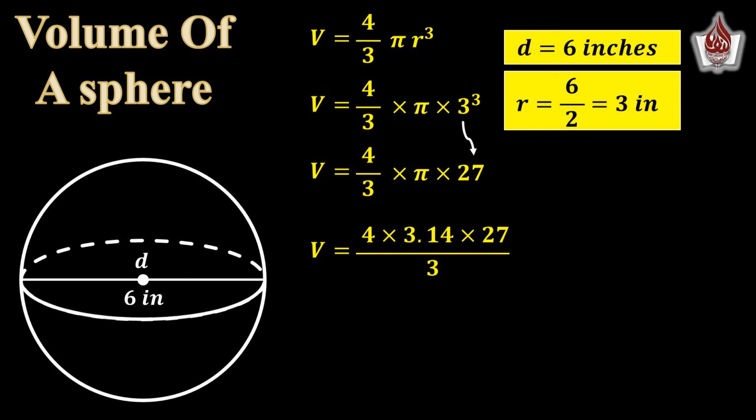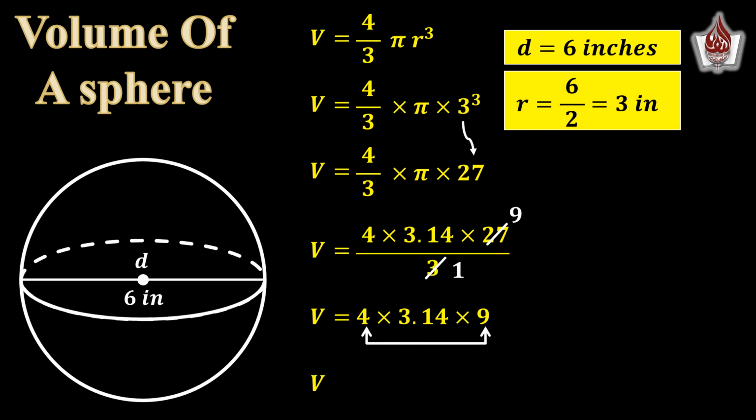Now in the simplest way, volume equals 4 times 27, or firstly we can simplify 3 and this 27. 3 divided by 3 is 1 and 27 divided by 3 is 9. Now the formula is 4 times 3.14 times 9. 4 times 9 equals 36.